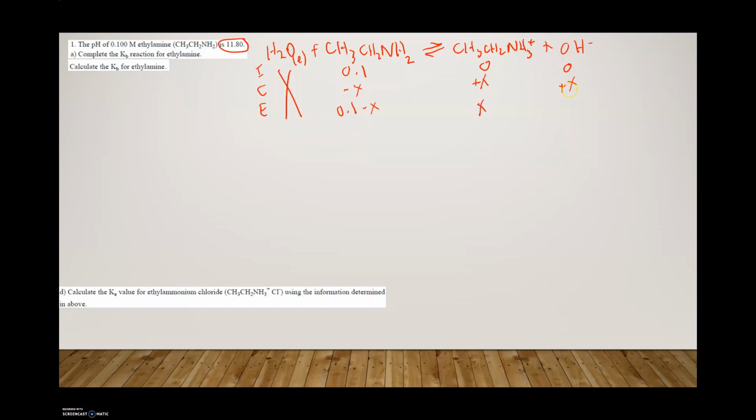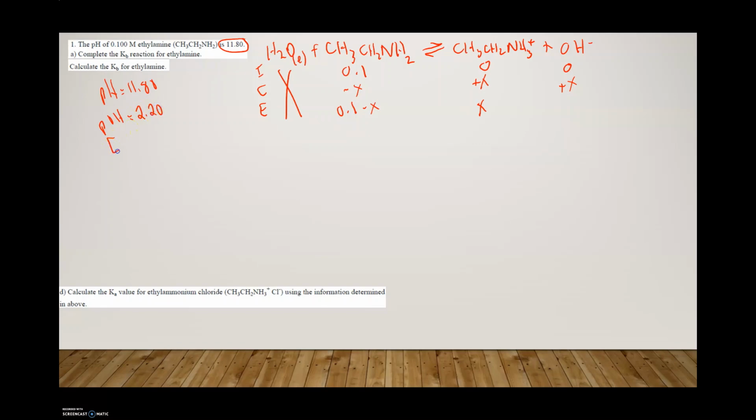And I'm not going to write anything in for hydroxide because I know the pH is equal to 11.8. I can figure out the pOH of the solution by subtracting that from 14, and what I get from that is 2.2.